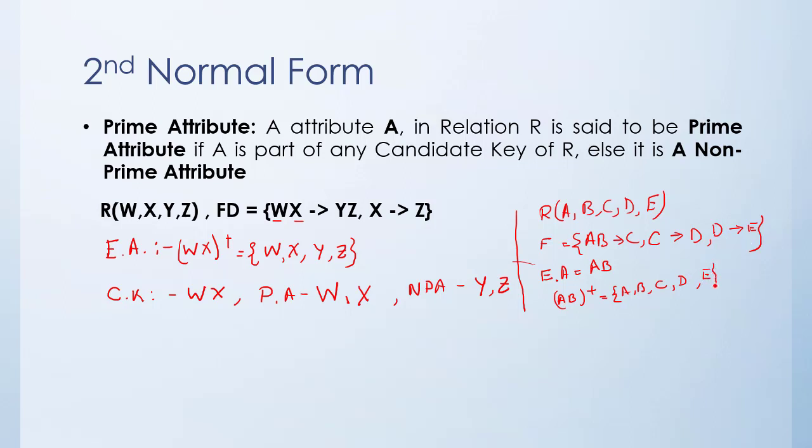So AB closure is giving me all the attributes. So here my candidate key will be AB, and my prime attributes will be A, B and non-prime attributes will be C, D and E.